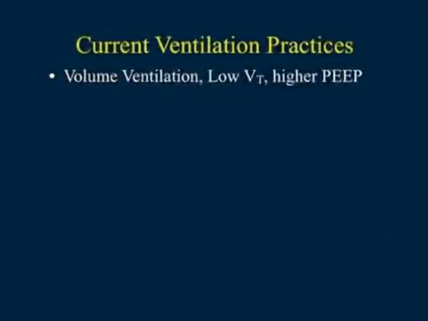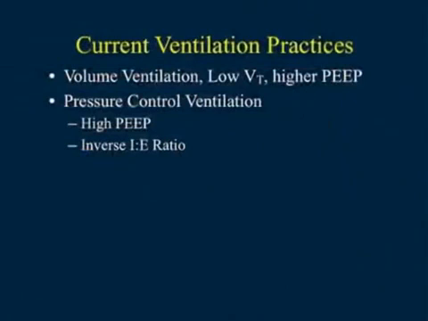These patients traditionally are managed in a stepped sequence, where we start with volume ventilation with low tidal volumes and higher PEEP, based on the recommendations of the ARDS Network ARMA trial from the year 2000. If that fails, most people move to pressure control ventilation with higher PEEP and inverse I:E ratios.